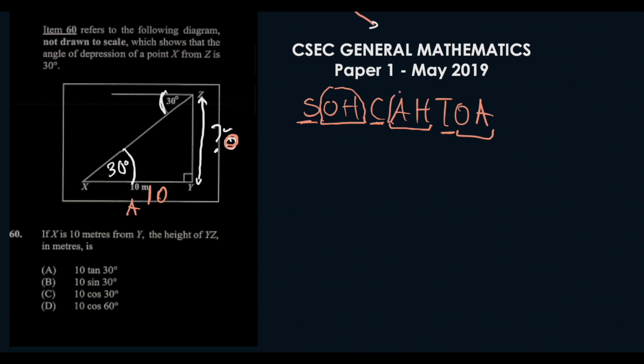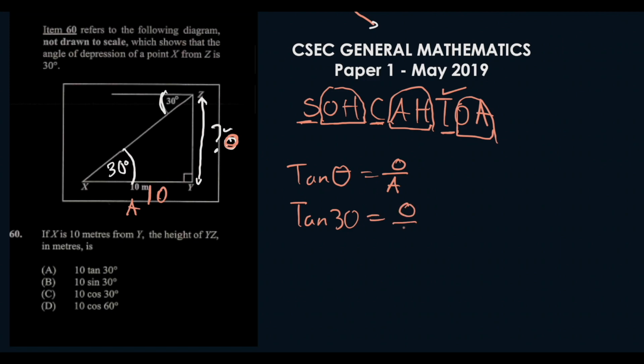So when you look at it, who has O and A? The formula is set up the same way like this. So it's opposite over adjacent. So this angle here, in this case, is 30. So I could say tan 30 is equal to the opposite, which is what we're looking for, over 10.